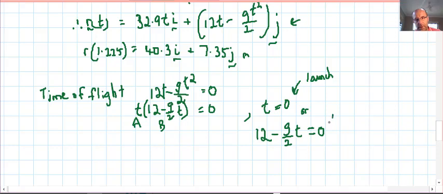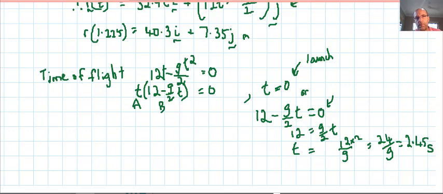It's based on this one here, and we've got 12 is g on 2 t, so t is 12 divided by g times 2 is 24 over g, which was rounded to 2.45 seconds.